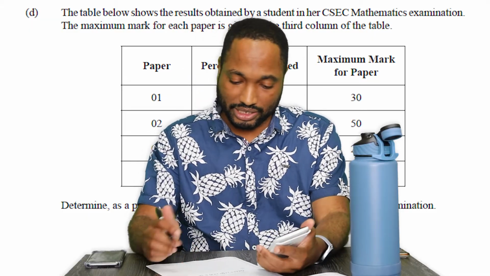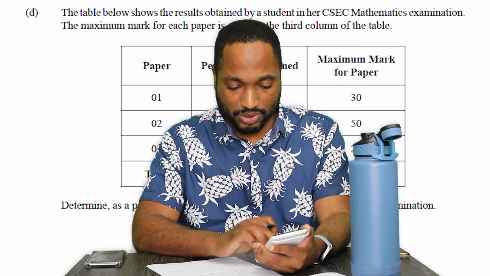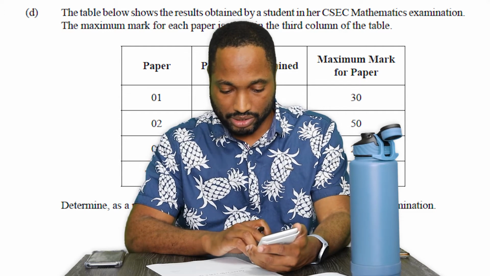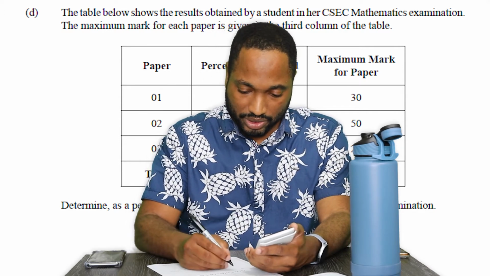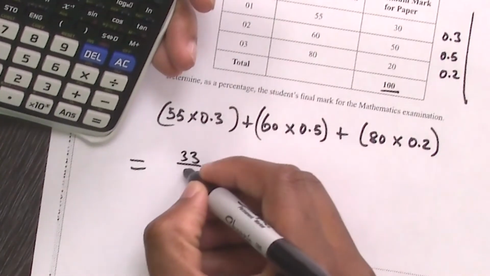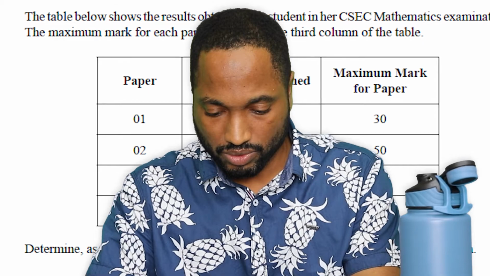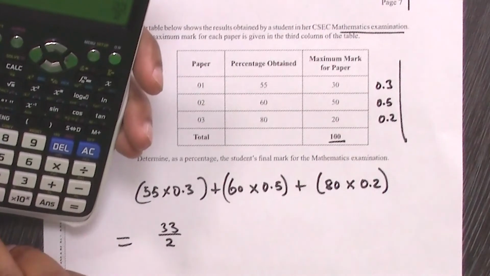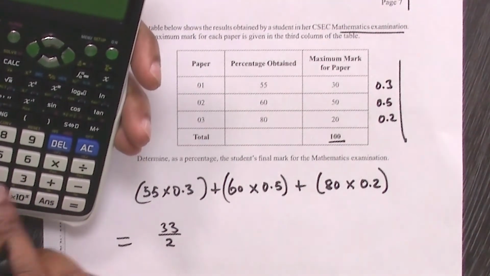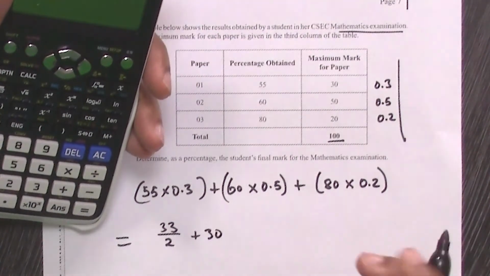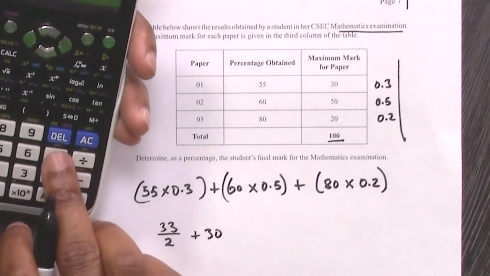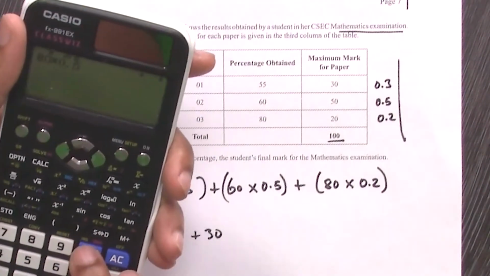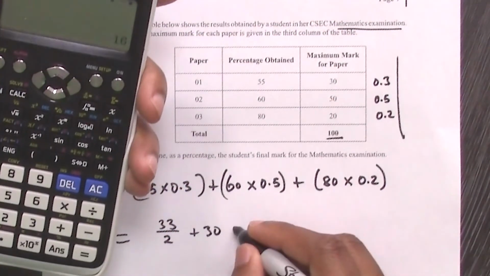So calculator time to shine here. 55 times 0.3, we leave that as a fraction. Actually, I want to represent this as 33 over 2. Plus 60 times a half, this is 30, plus 80 times 0.2, 16.